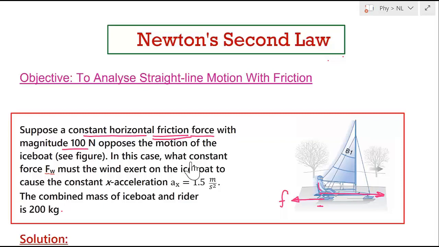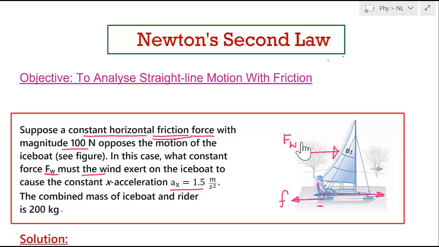In this case, what constant force Fw must the wind exert on the ice boat to cause a constant x acceleration, that is a x equal to 1.5 meter per second square? So what is happening in this case? Basically wind tries to apply a force. Let's call this force Fw, that is force due to the wind. And this force will accelerate the motion of the ice boat.